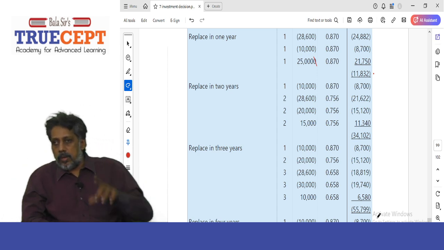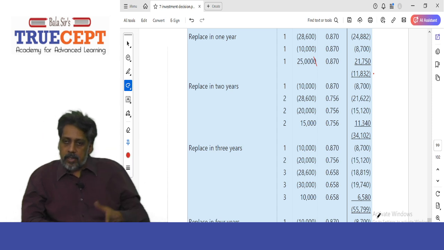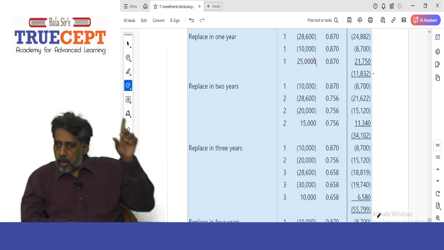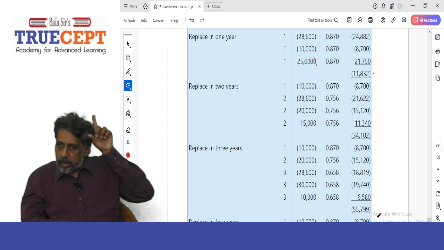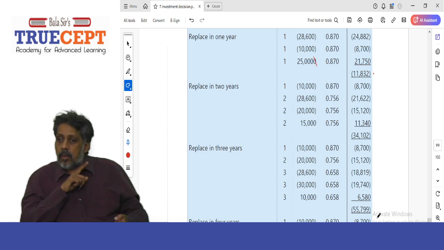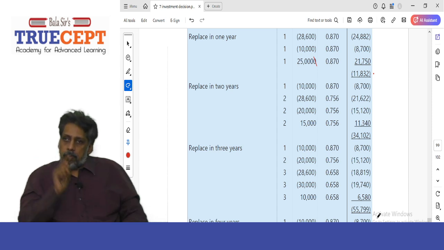Now I will discount all these numbers. 10,000 into 0.87, and for the second year, 20,000 into 0.756, and also 15,000 into 0.756 inflow, and 28,600 into that, that's outflow. Now what is the total outflow after subtracting the inflow? It's 34,102 negative, right?